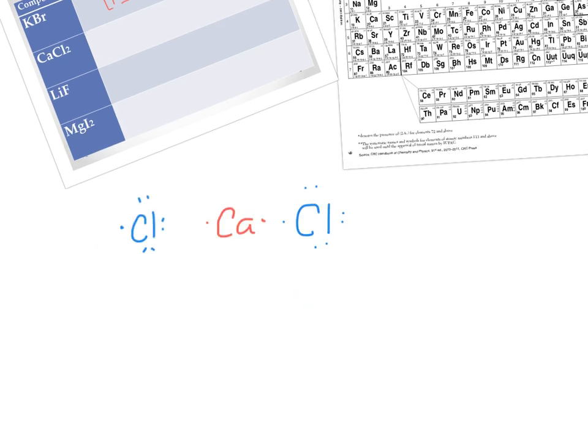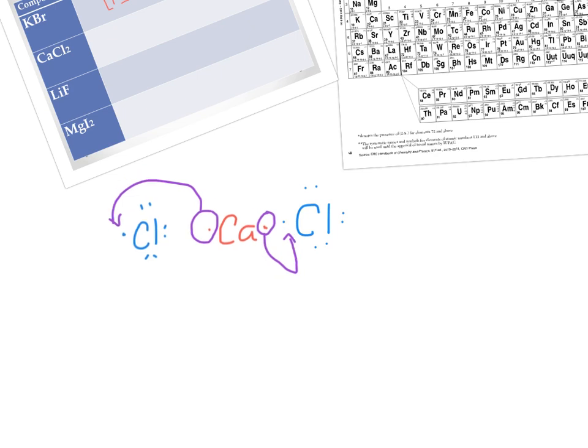So this means that one of the calcium electrons can be moved over here to make this an octet, and the other calcium electron can be moved over here to make this an octet. So therefore, when we rewrite this, we see that calcium lost 2 electrons, while chlorine gained an electron each.